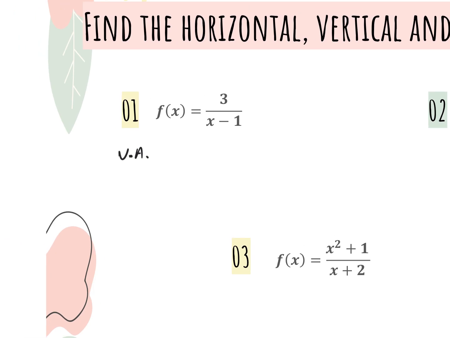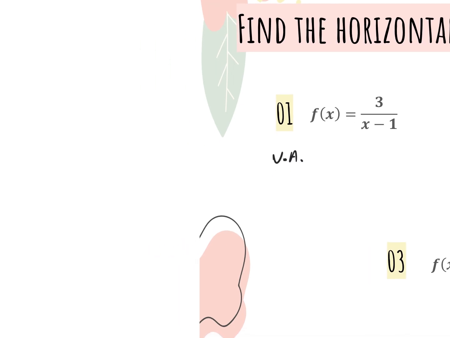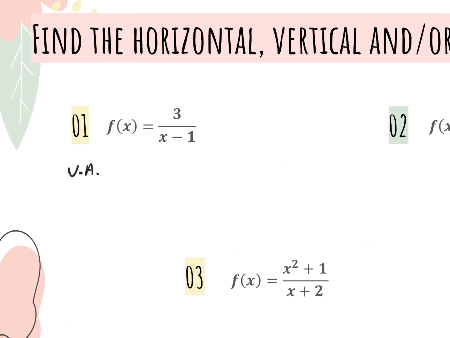To find the vertical asymptote, and let me actually write this on the side, you have to set your denominator equal to 0. So your vertical asymptote for number 1 is going to be x minus 1 equals 0. And then we end up with x equals 1, right? And that's our vertical asymptote. So at x equals 1, we're going to have a little dotted line or an imaginary line that we're going to approach but never cross.